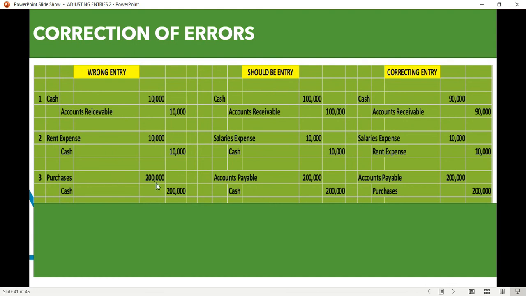Now, if you're going to compare, we have the same credit. The problem is that we debited the wrong account. So to correct, debit the right account: debit accounts payable 200,000 and close purchases 200,000. So it was a debit, so to close, we credit purchases 200,000. Okay, so this is the correcting entry.